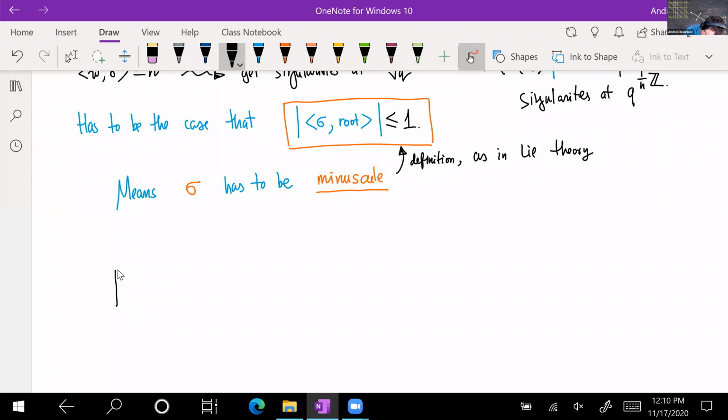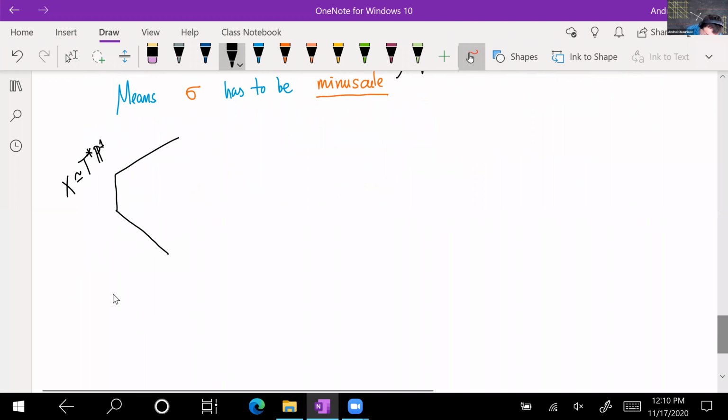Let's think of my example, where x is something like T star P1. It's not a very complicated example, but it's good to have it. And this is a resolution of a cone here.